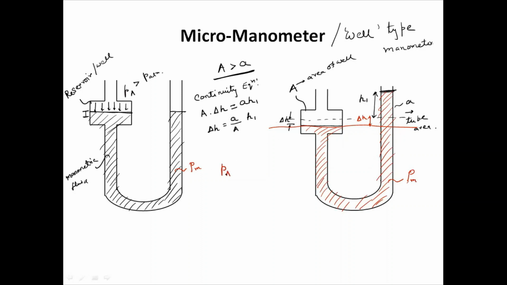So PA, here it is acting, should be equal to this height: rho M G into H1 plus delta H, plus the atmospheric pressure.